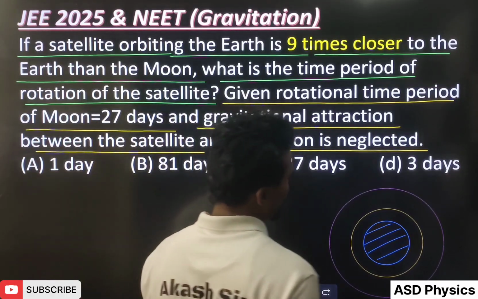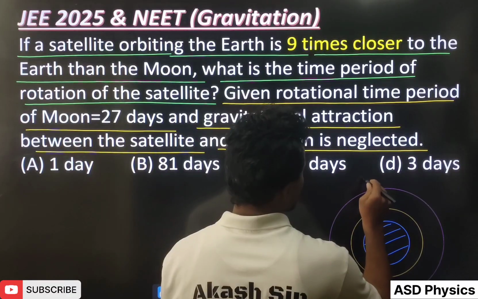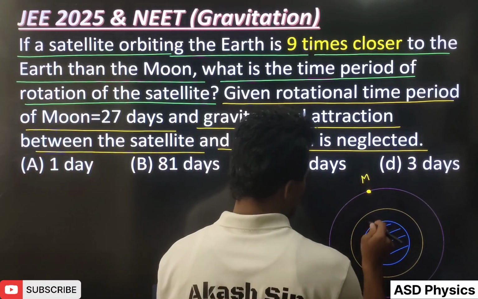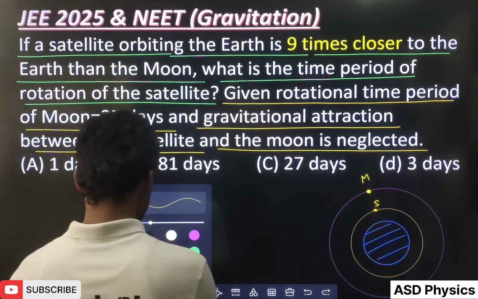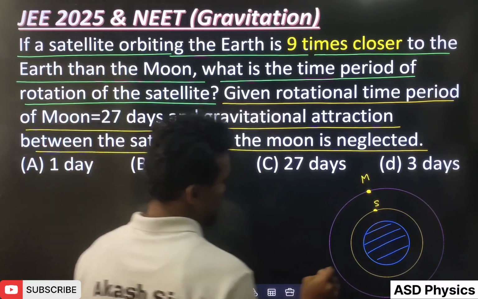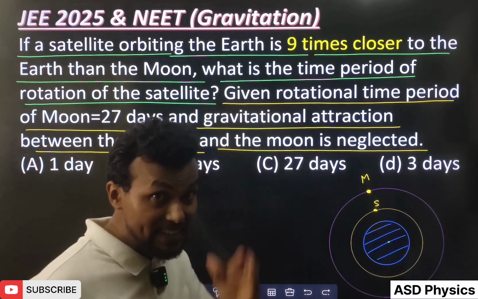Okay, so let's take here, this is the Moon, and here is the satellite. Okay, and after that, what is given here? This satellite is 9 times closer.